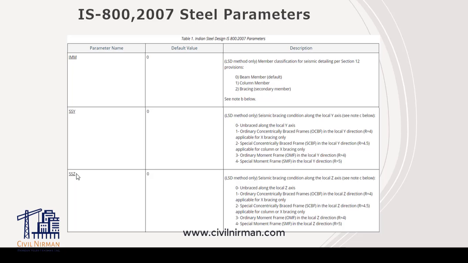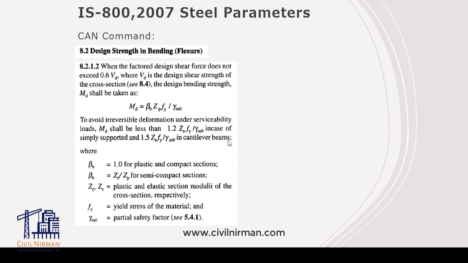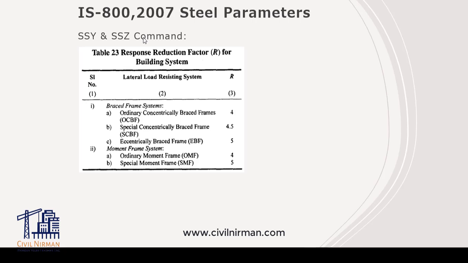Now SSY and SSZ. These are the factors, that is nothing but the response reduction factor R. Based on a braced frame, that can be either an ordinary concentrically braced frame, a special concentrically braced frame, or an eccentrically braced frame. Based on this classification, along the X direction we can provide this R factor.